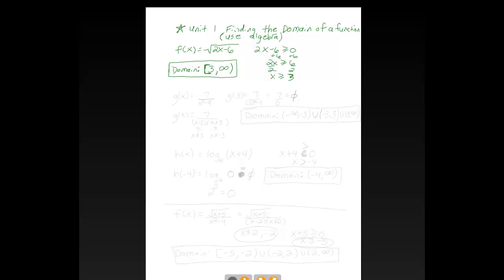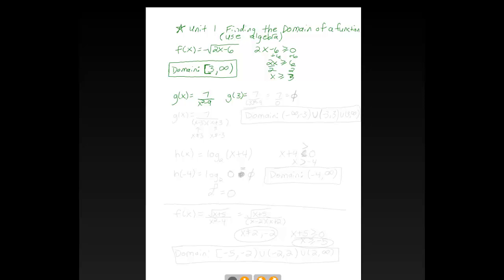So let's look at another function here. How about g of x equals 7 over x squared minus 9. In this case, I've got a rational function, and I can plug values in for x here, but the key to this one is that I'm not allowed to plug in a 3 here. Let's see what happens if I plug in 3.